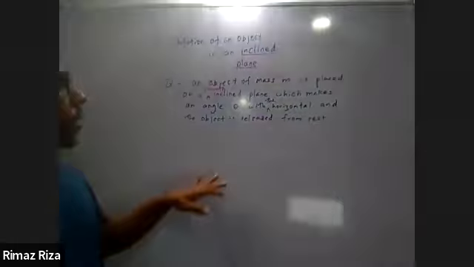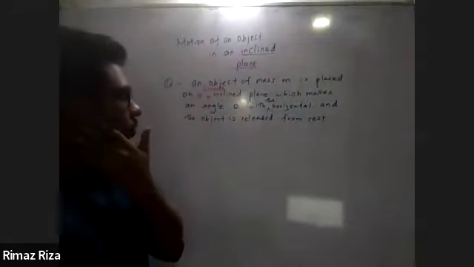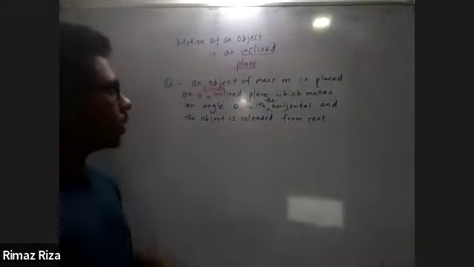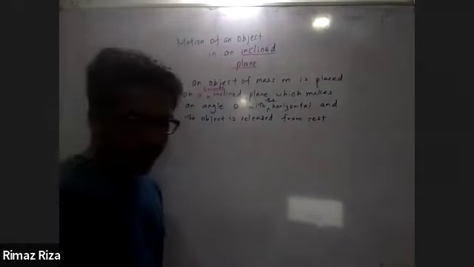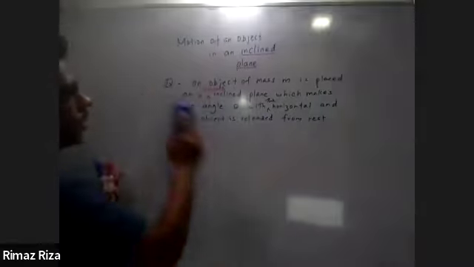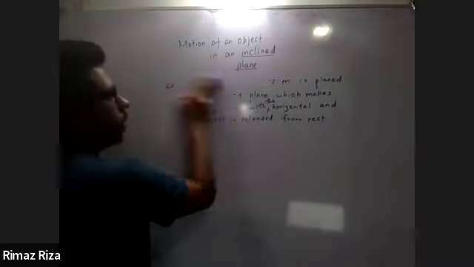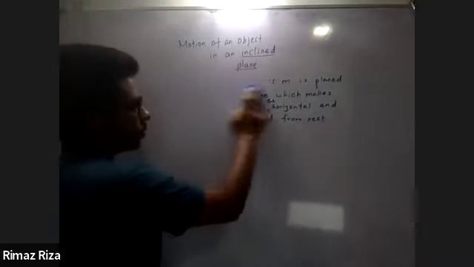Okay. An object of mass simple m is placed on a smooth inclined plane which makes an angle theta with the horizontal and the object is released from rest. So I will draw the figure now.